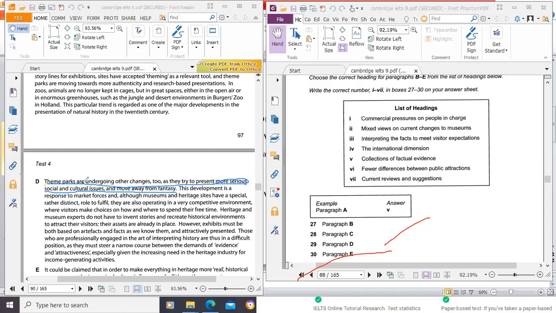All right. So this one says theme parks are undergoing other changes too, as they try to present more serious social and cultural issues and move away from fantasy. So it's talking about theme parks. I'll quickly go to the last one. Those who are professionally engaged in the art of interpreting history face demands of evidence and especially given the increasing need in the heritage industry for income generating activities.